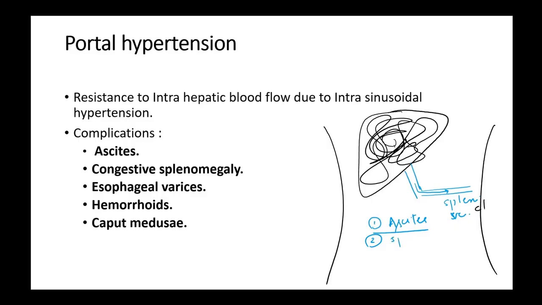It will cause splenomegaly. Third, the pressure will be transmitted to the left gastric vein, to the lower part of the esophagus, which has the esophageal veins. Those veins will be dilated. That will result in varices.